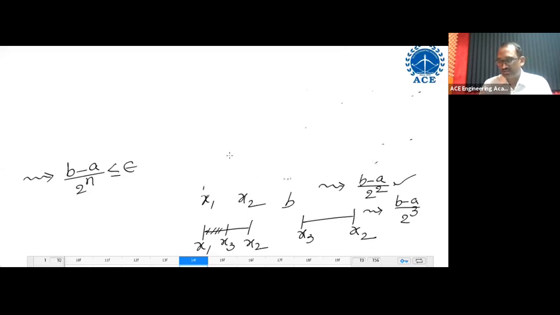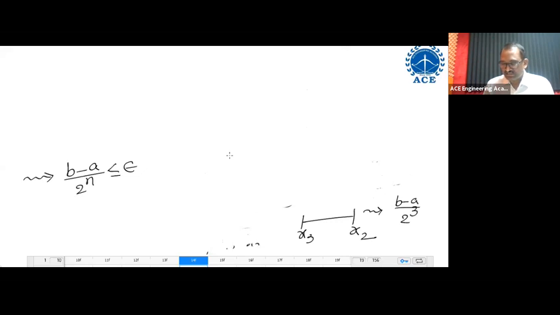So write this point, note. What you need to remember is that the interval length is reduced exactly by half after each iteration.